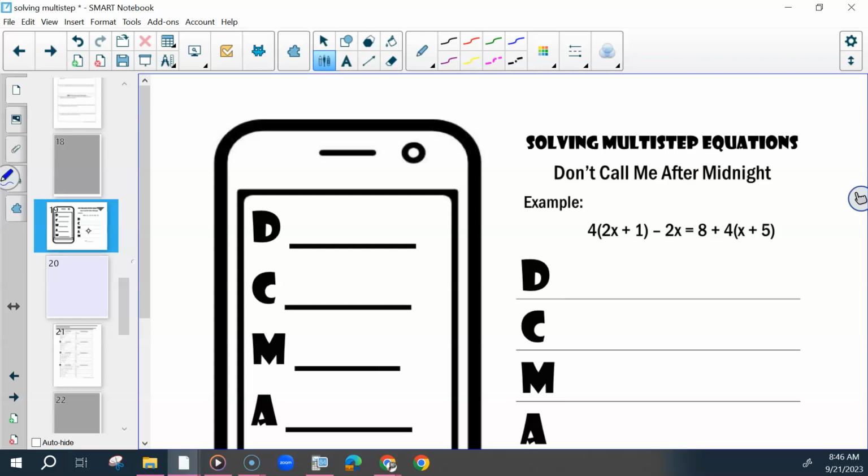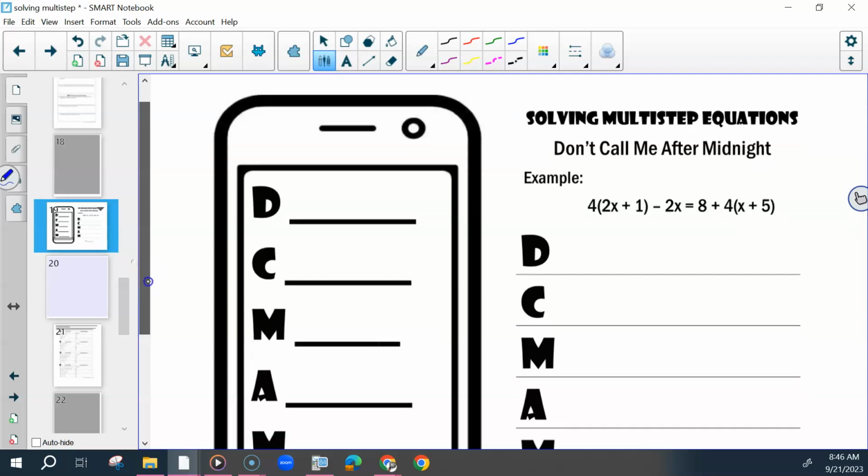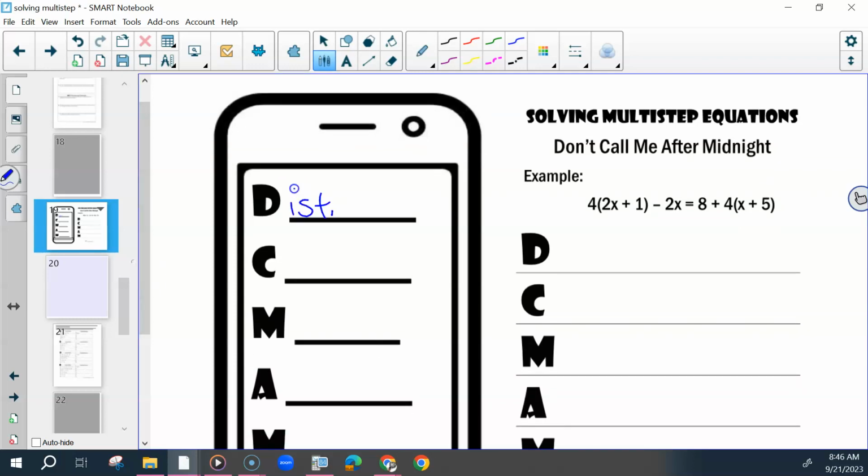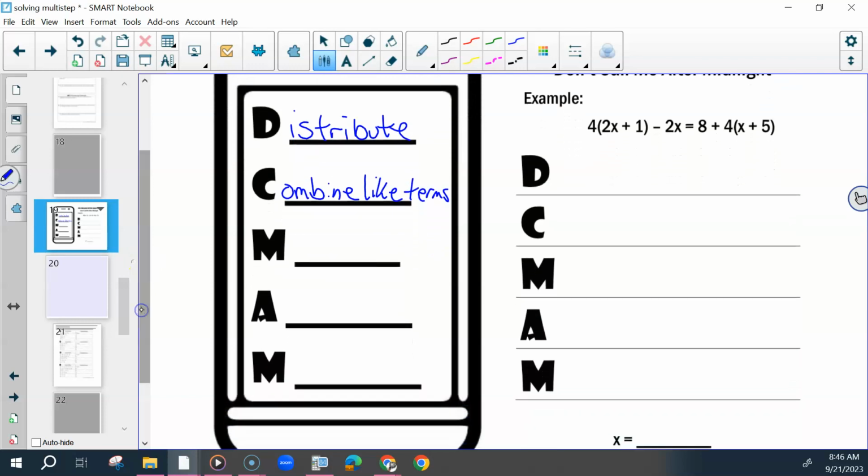One way to help you remember your steps is this mnemonic, don't call me after midnight. This stands for distribute, combine like terms, move the variable or constant, by adding or subtracting.